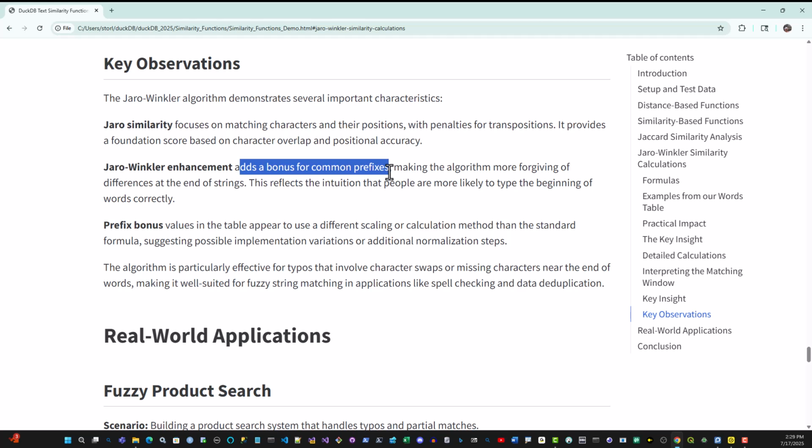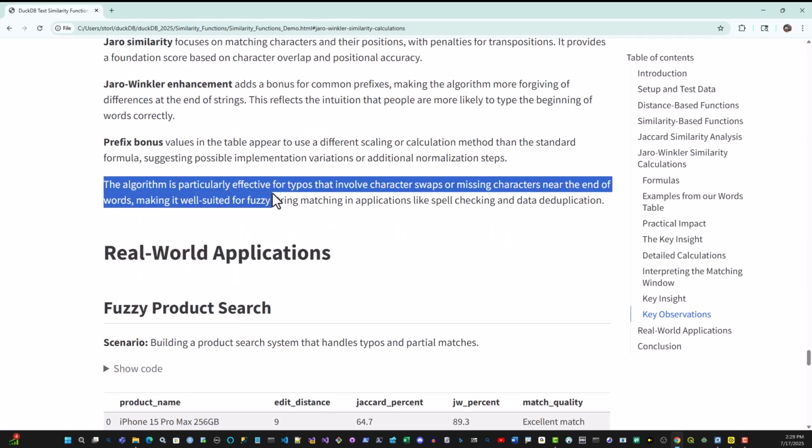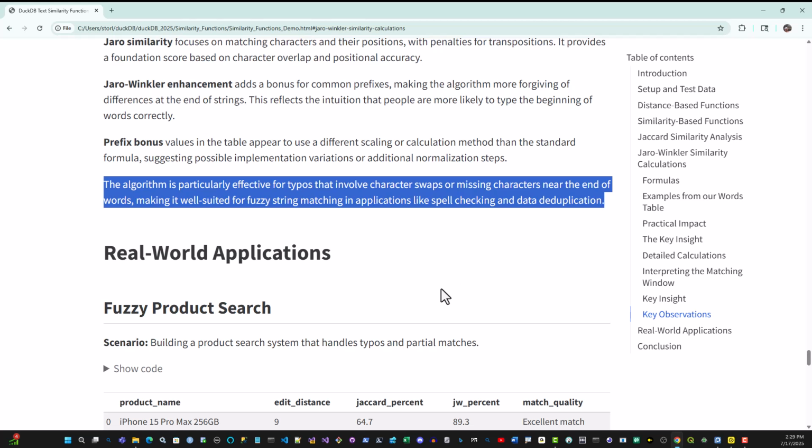So if you tend to write the beginning of the word correctly, you get a bonus for that. So it's more forgiving, in other words. The algorithm is particularly effective for typos that involve character swaps or missing characters near the end of words, making it well suited for fuzzy string matching in applications like spell checking and data deduplication.